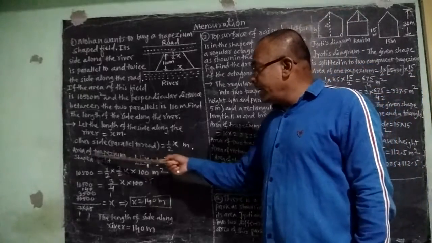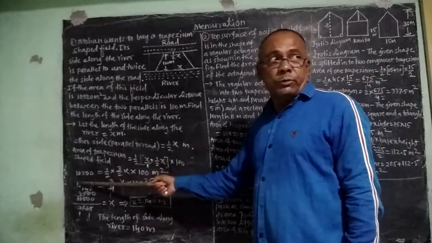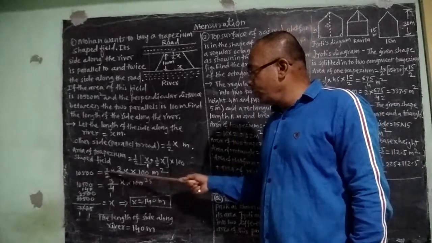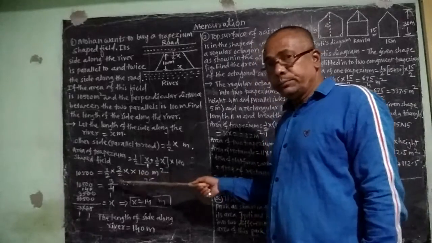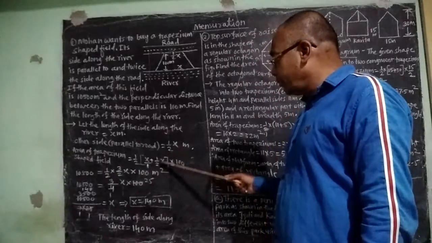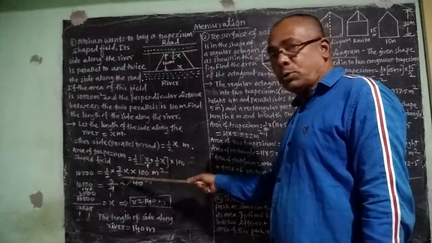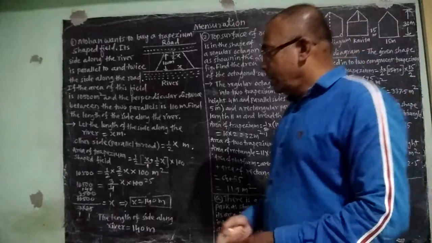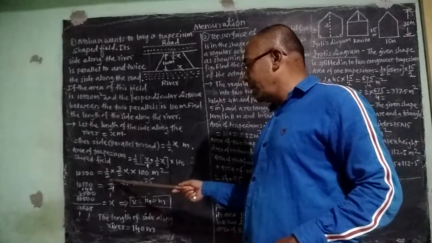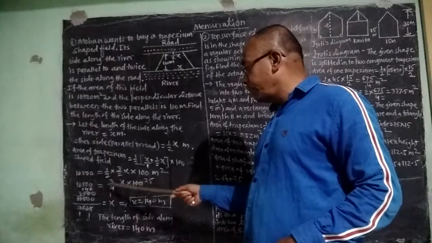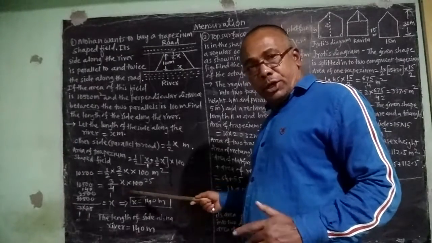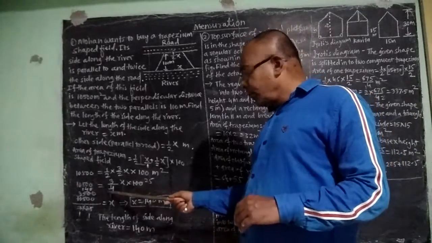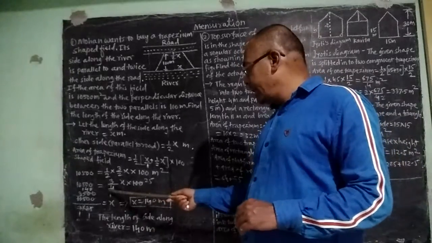Now the area is given as 10,500, so 10,500 is equal to 1/2 into x plus 1/2 x, which is 3 upon 2 x, into 100. So 10,500 is equal to 3 upon 4 x into 100.